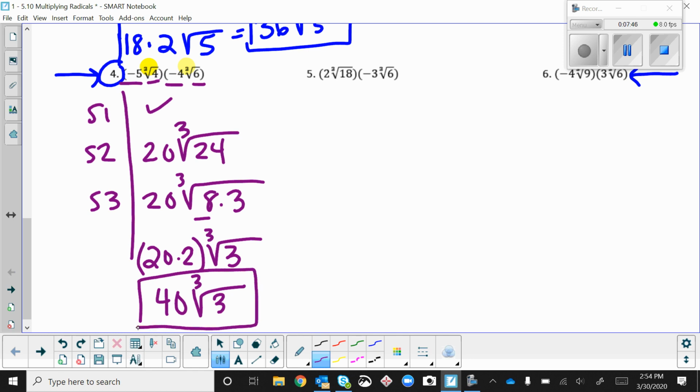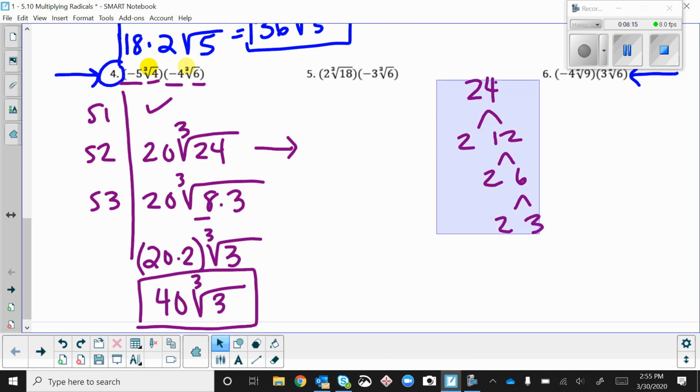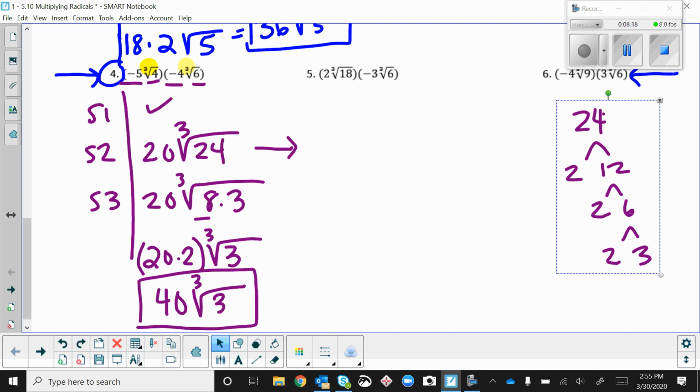Here's the factor tree method if you need to do it like that. That's no problem. You'll still get the right answer. It just might take you a little bit longer, but that ain't no thing. Actually, the factor tree method would start right here. You would do your little factor tree for 24. You might say, oh, okay, 24 is 2 times 12. 12 is 2 times 6. 6 is 2 times 3. And so then now I've got that over there.